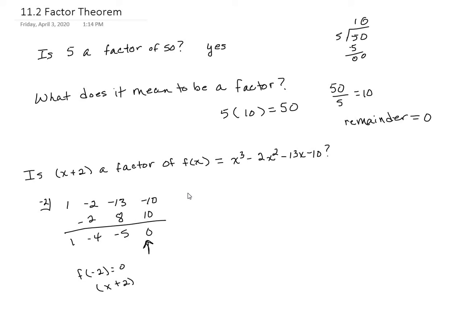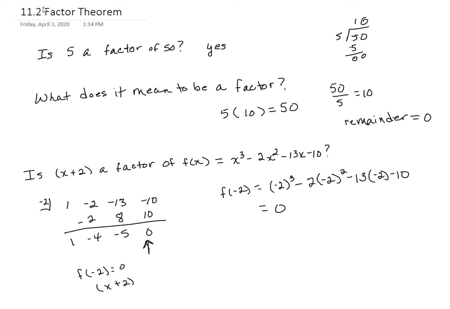Another way to figure out if 0 is my remainder is to look at the remainder theorem. I can find f of -2 by plugging -2 in for x. So I'd have -2 cubed minus 2 times -2 squared minus 13 times -2 minus 10. And that's going to equal 0.